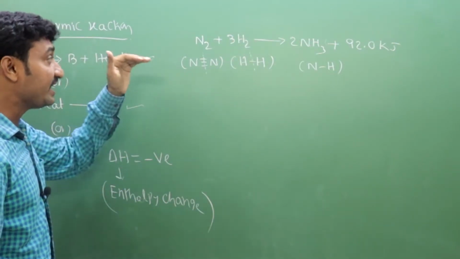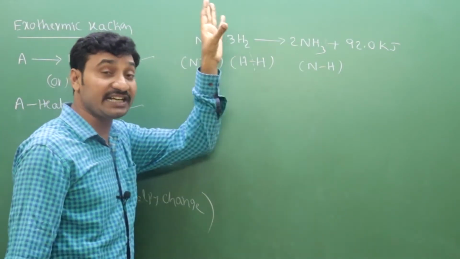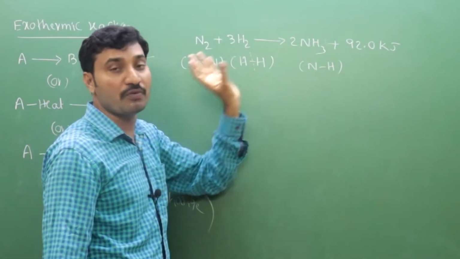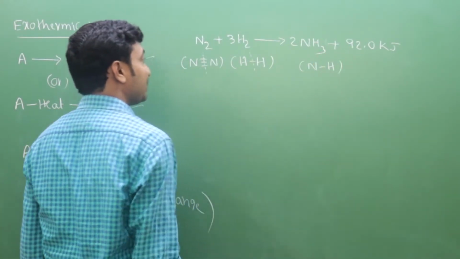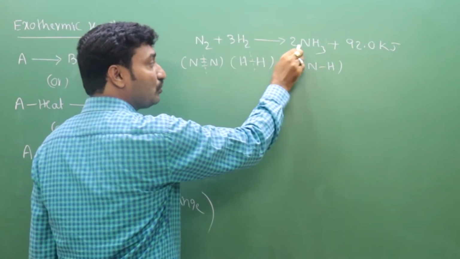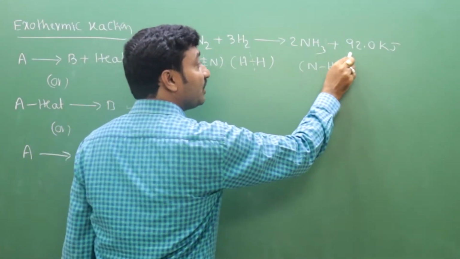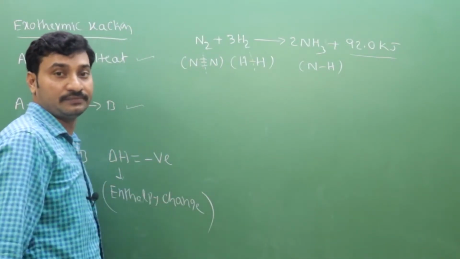So the energy required to break the bonds is less than the energy released in the formation of new bonds. N2 combines with 3 mole H2 to form 2 mole NH3 along with 92.0 kilojoules heat released.